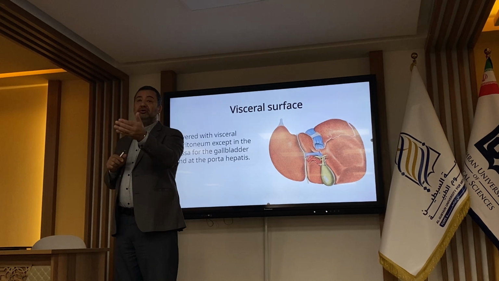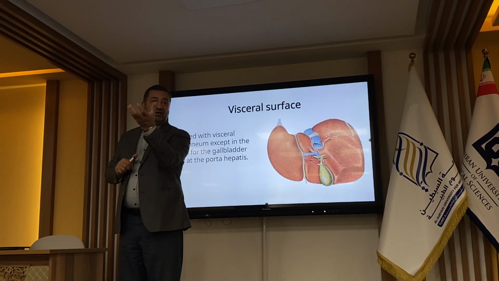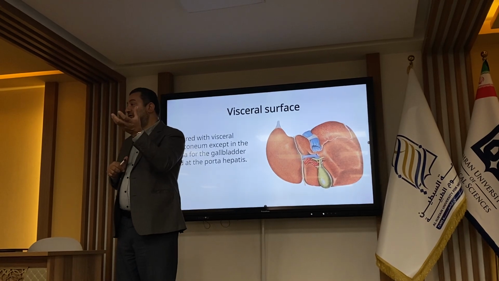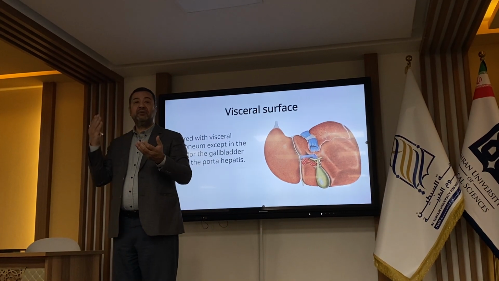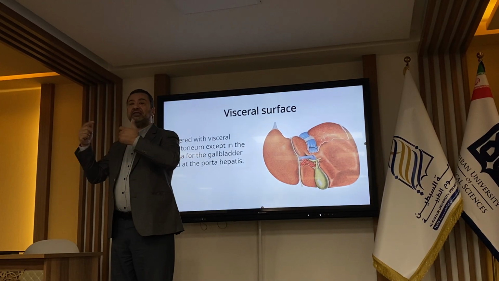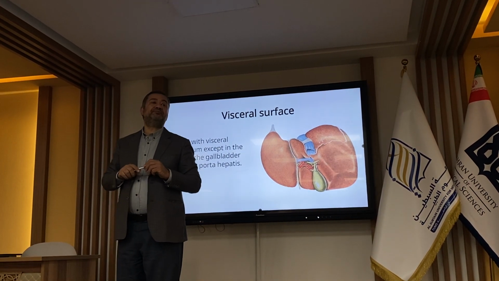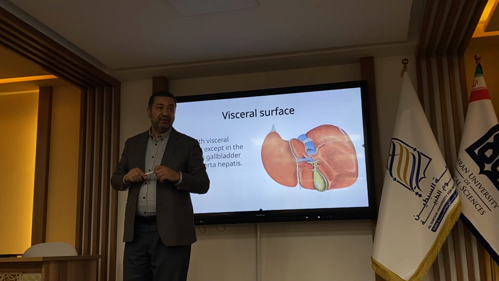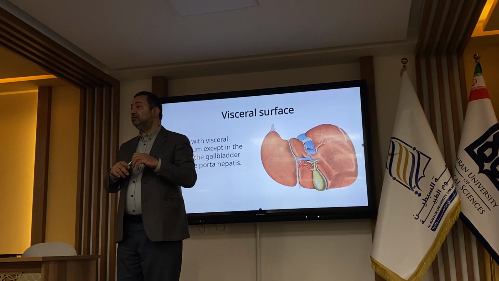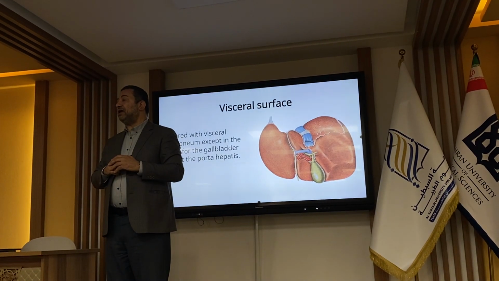I will tell you in the embryology of the liver that the liver is a bud from the junction between foregut and midgut that enters into the septum transversum and then extends into the abdominal cavity.